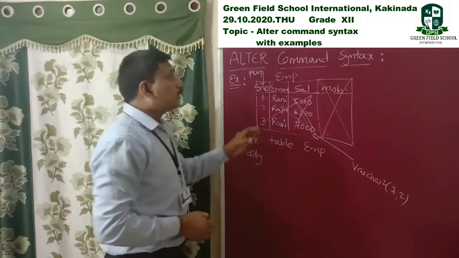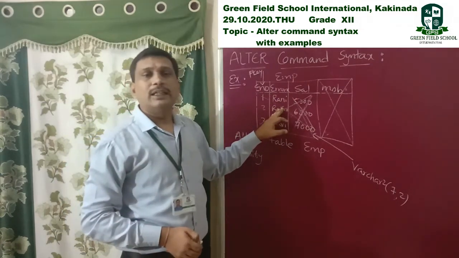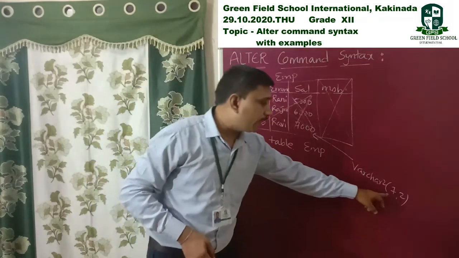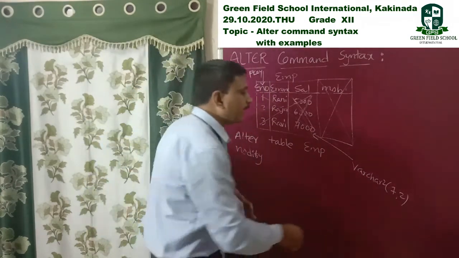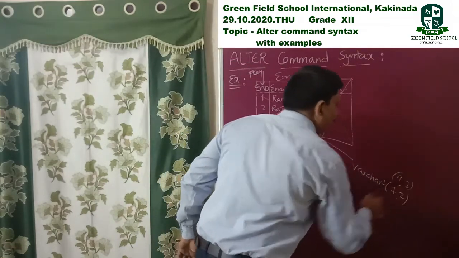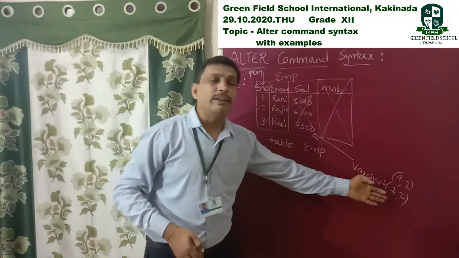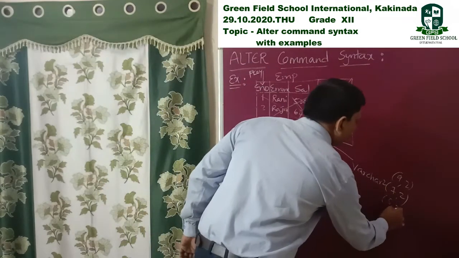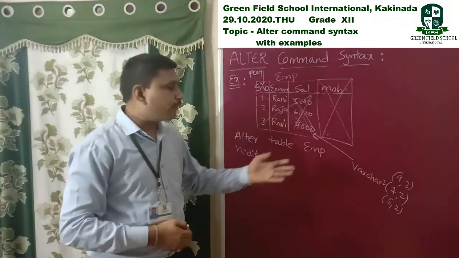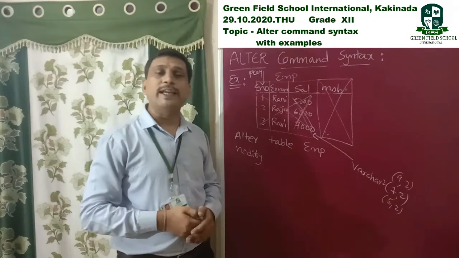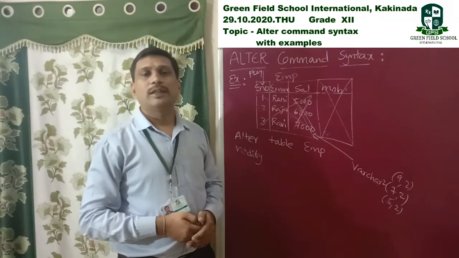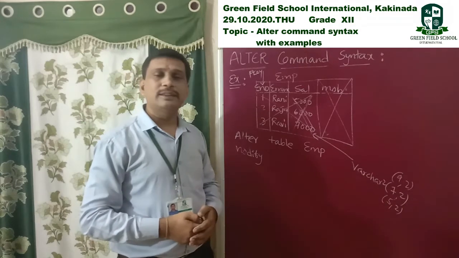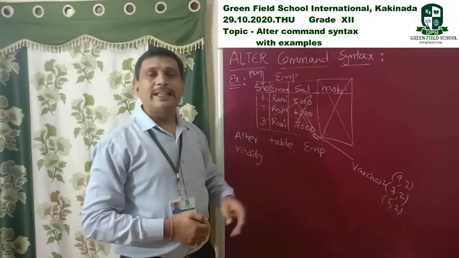Why? Because when I created this table by using the create command, I did not specify 9, 2, but I specified only 7, 2. Or otherwise I wanted to specify 5, 2, or 7, 9, 2, but I specified 7, 2. Then I change the size of that particular salary column.